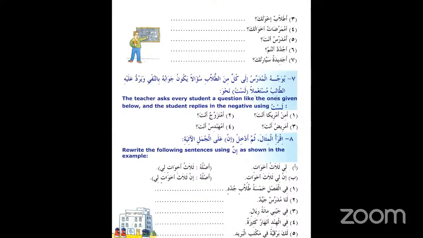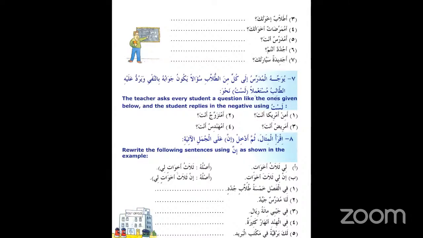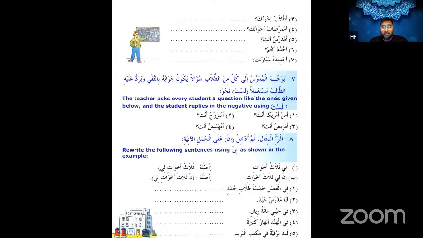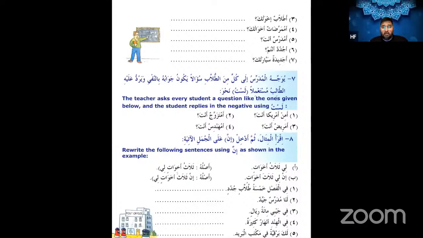At-tulabun ikhwatuka la hum laysu... So أطلاب إخوتك لا هم ليسوا بإخوة, ikhwatin? No, you want to say that actually, because you say أطلاب إخوتك, you say لا هم ليسوا إخوتي.